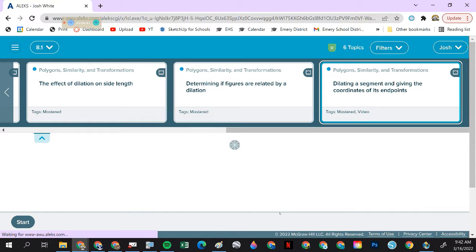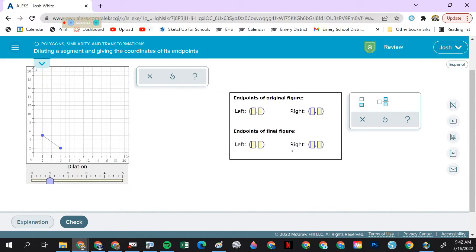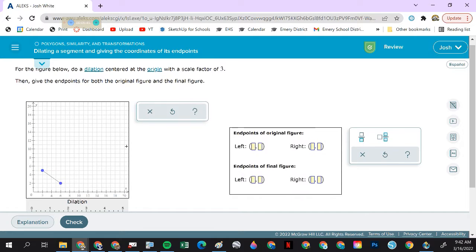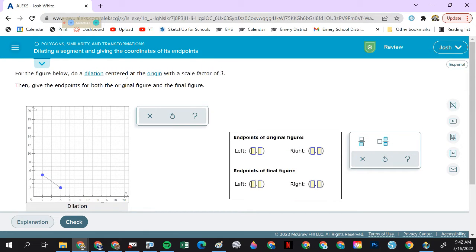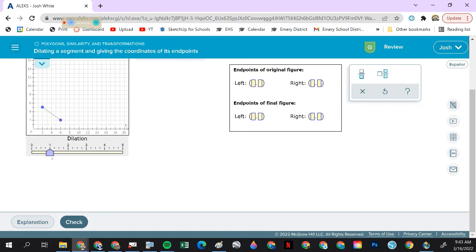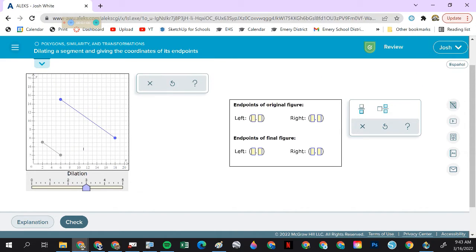First up, dilating a segment given the coordinates of its endpoints. In this problem, it says that the center of dilation is at the origin, so right there, and the scale factor is 3. So down here, I can change the scale factor to 3. The original left endpoint is 2, 5.